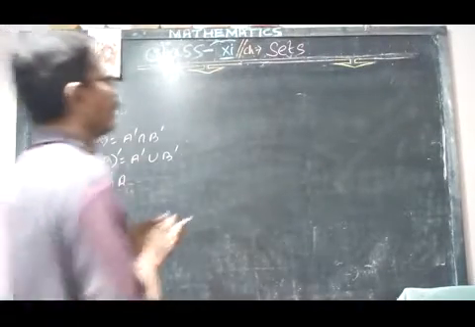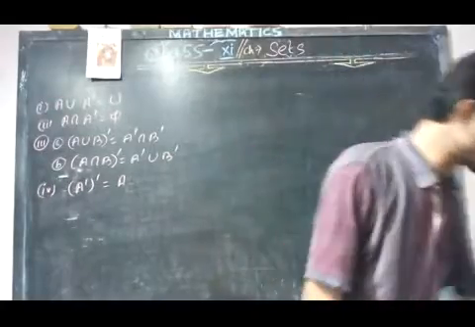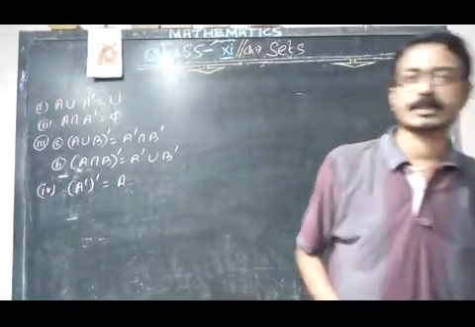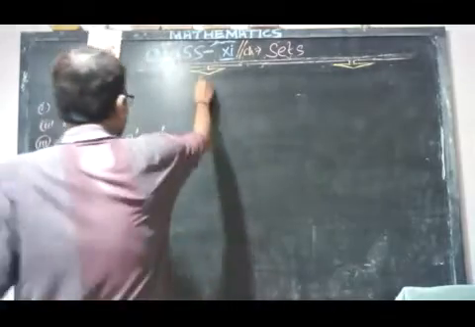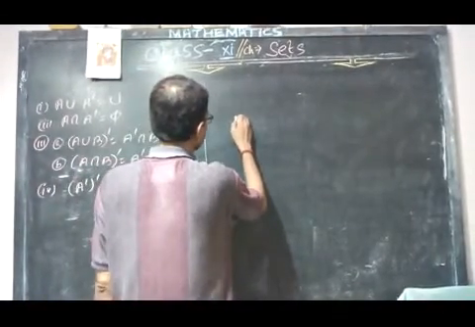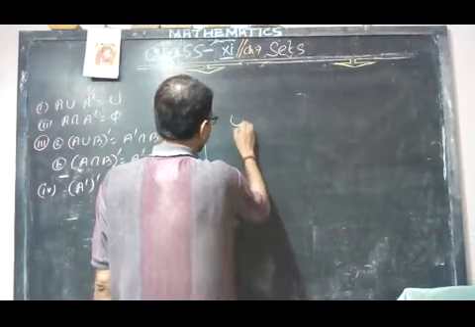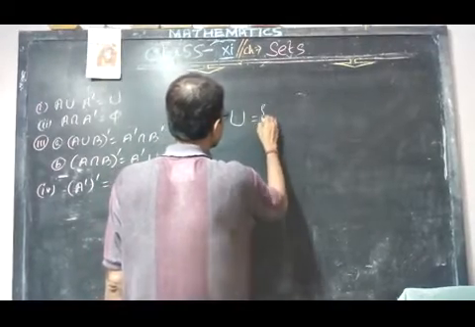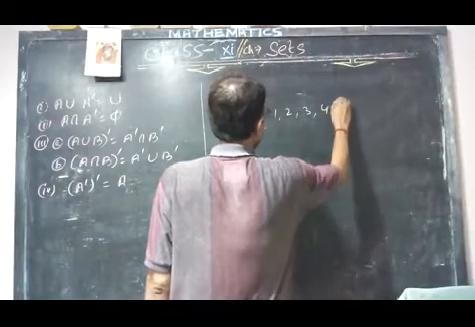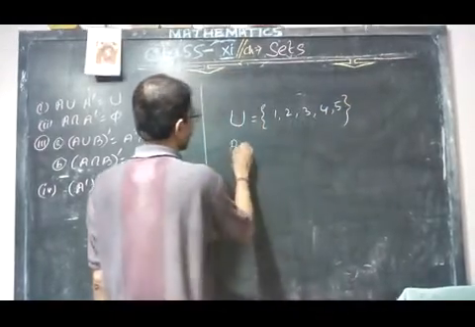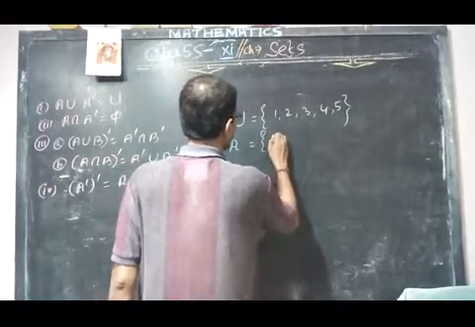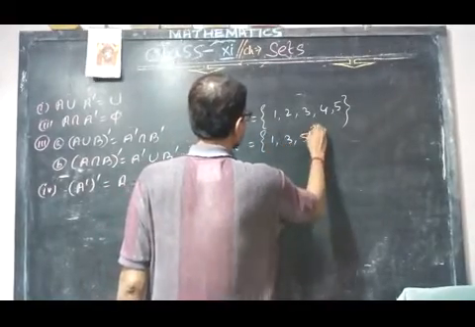Now I am going to discuss the complement of a set. Suppose a universal set equals 1, 2, 3, 4, 5, and a set within the universal set, A, equals 1, 3, 5.